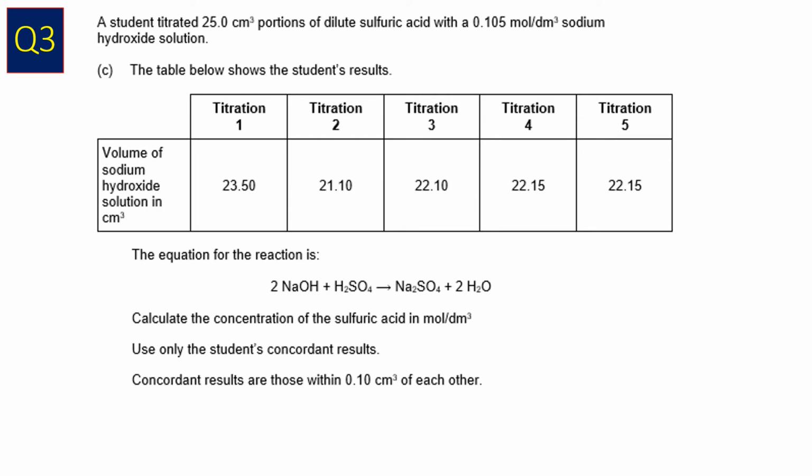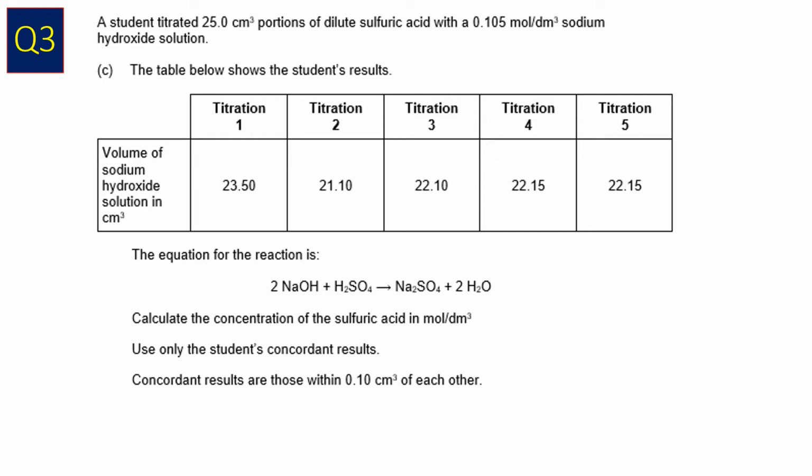So this titration calculation threw quite a lot of you, so I'm going to show 2 different methods of approaching it. They are doing the same calculations, it's just laid out differently, but people have their natural preference. So a student titrated 25 centimetre cubed portions of dilute sulfuric acid with a 0.105 mole per dm cubed sodium hydroxide solution.